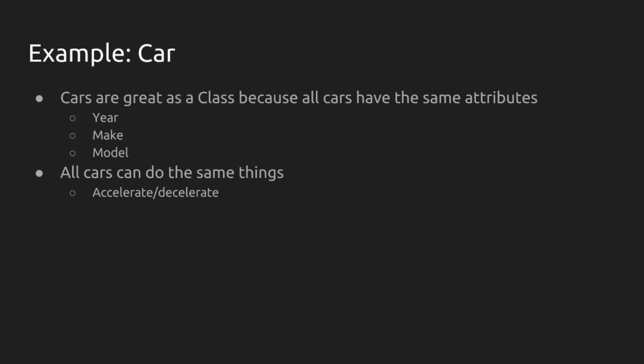All cars can also do the same things. They can accelerate, decelerate. That's the basics of what they can do. They can also turn. So because there's so much similarity amongst cars, we can define a useful class to contain that information. Let's jump into the code now and create a car class in Python.